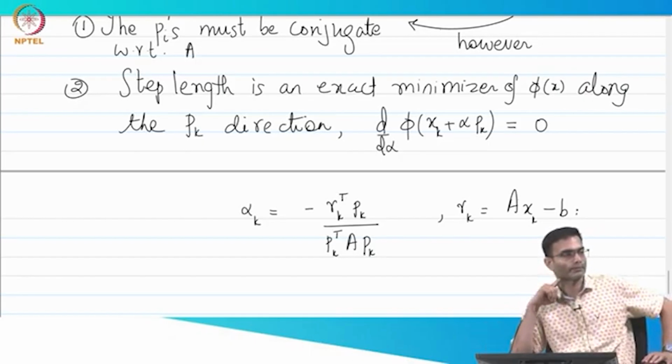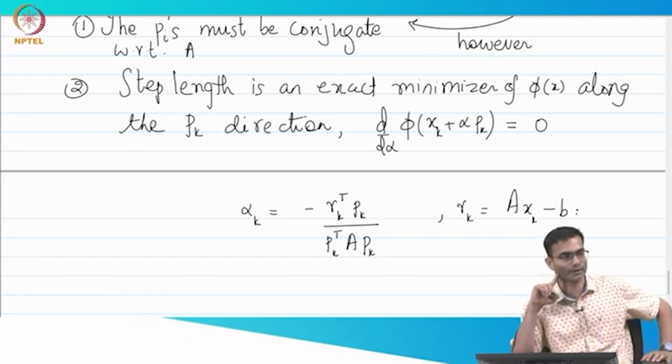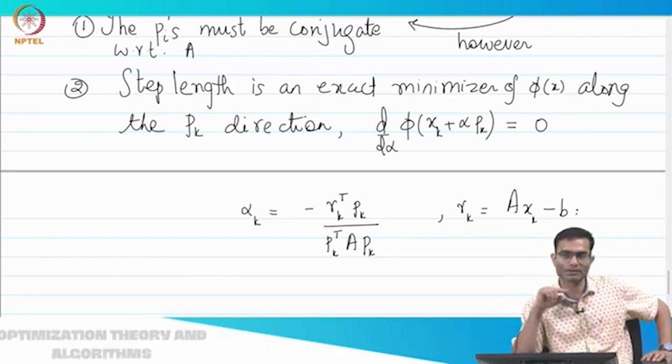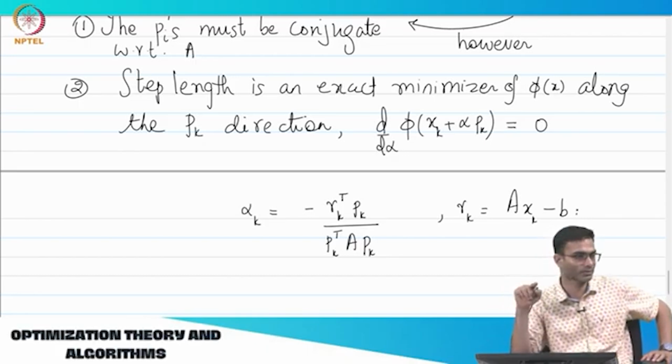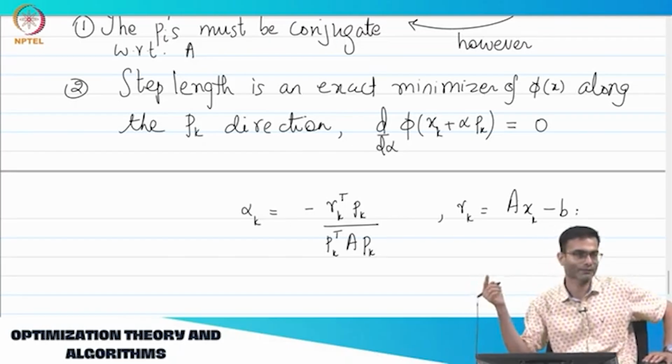So I started with this whole business of conjugacy, and based on that I said, okay, let me try to discover an iterative method. What are the nuts and bolts I started putting together? I said, give me the directions in which I walk, which will be the p's. And since I'm walking along the p's, I have the exact minimizer, so I get the alphas.